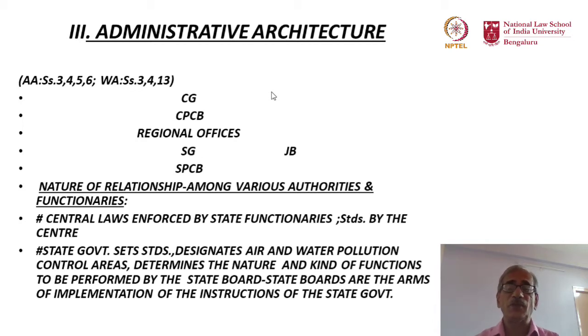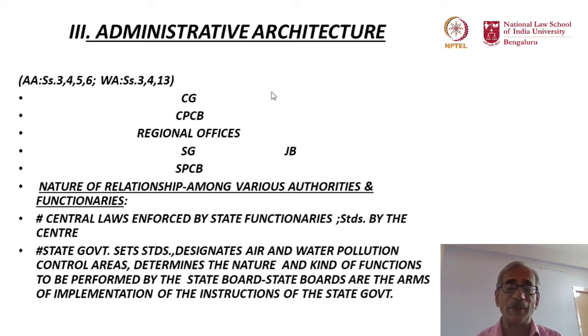What is the structure of administration? A very simple structure. We have the central government at the top, the Central Pollution Control Board immediately below the central government. You have regional offices in different parts of India of the Central Pollution Control Board.